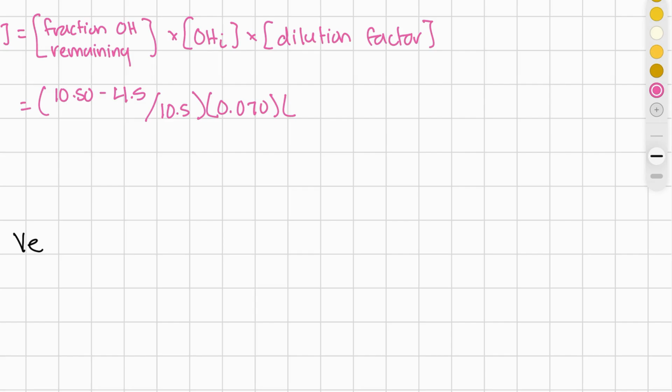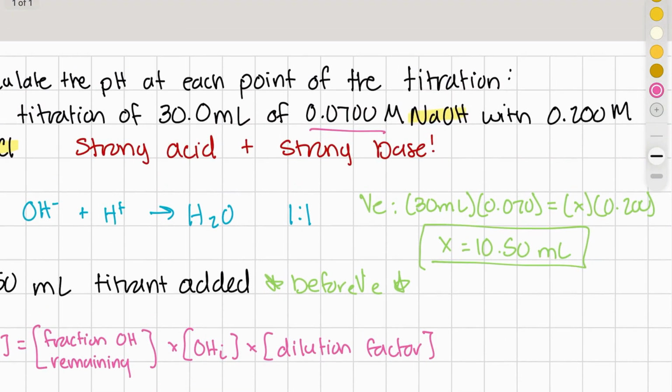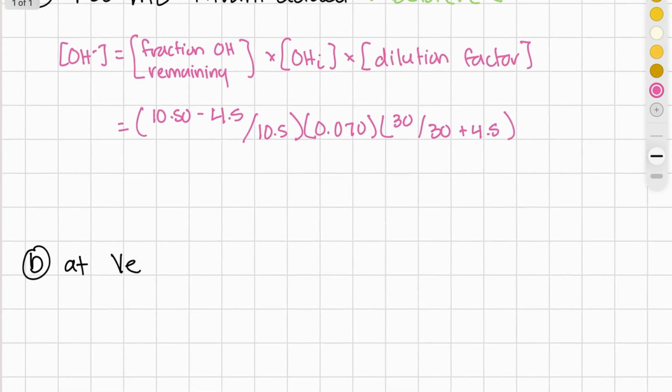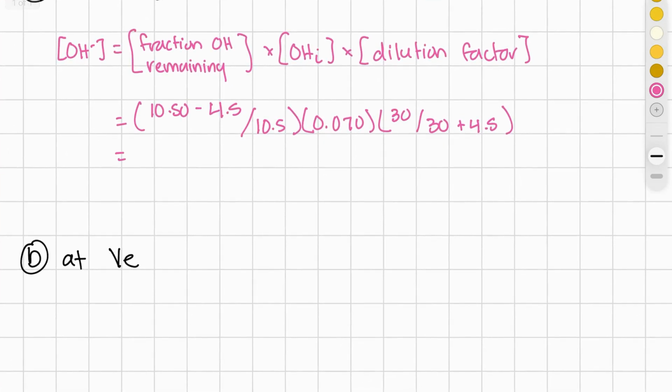And then our dilution factor is the initial volume of OH over the total volume of the solution. So initially we had 30 over, now our total is 30 plus we've added 4.5 milliliters. Alright. And when we do all of this, we end up getting that OH is 0.03478 molar.